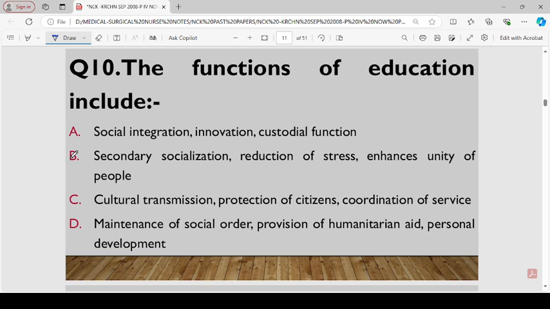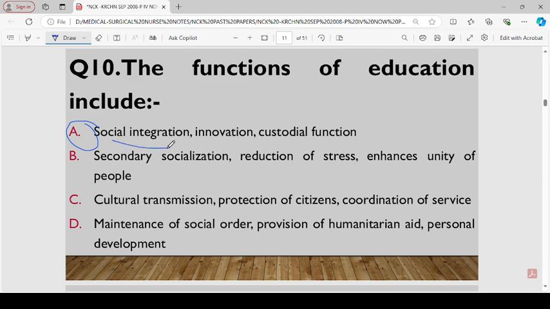The functions of education include, all right, education has several roles, of course. Looking at option number one about social integration, innovation, and custodial function. These are the major roles of education. When you talk about social integration, education normally helps us integrate diverse social groups, which promotes sharing values, and that becomes a key role.